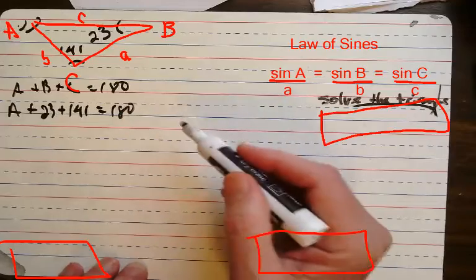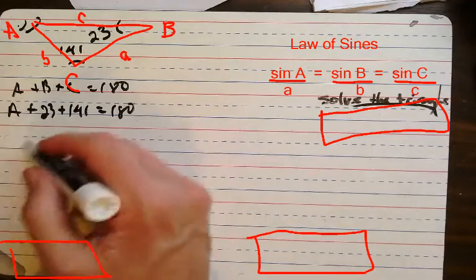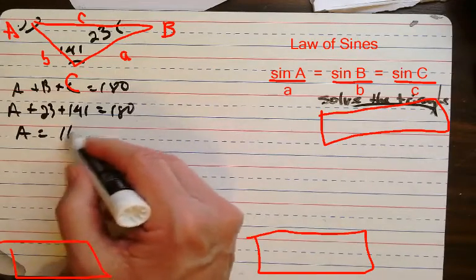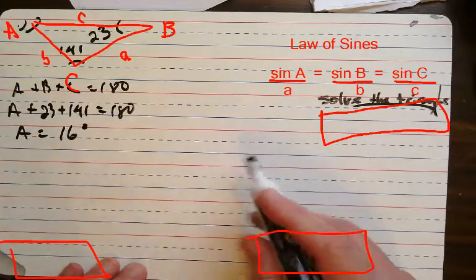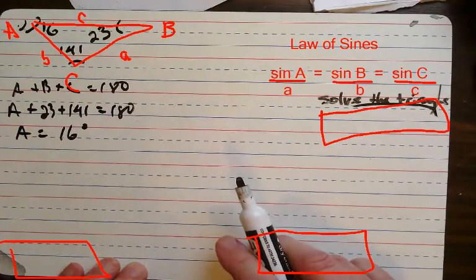You can tell it's not a right angle, huh? So if I subtract those, what do I get? I got my calculator here. 180 minus 141 minus 23 turns out to be 16. A is 16 degrees. Well, I know how big this angle is now. 16. Ta-da! We got it.